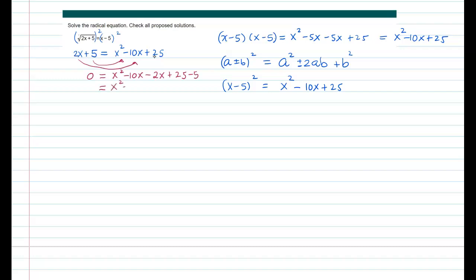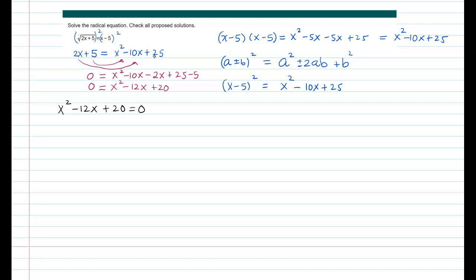So x squared minus 12x plus 20 equal to 0. Or you may write that as 0 equal to x squared minus 12x plus 20, because equality is symmetric. So you could flip it.